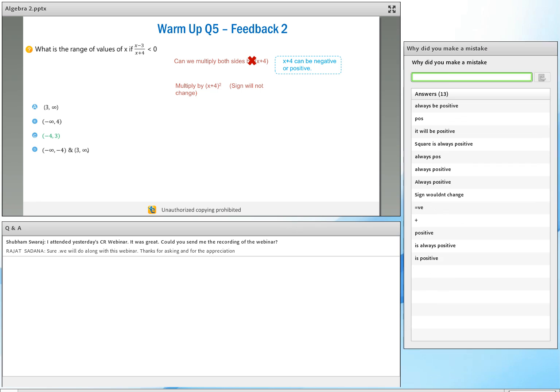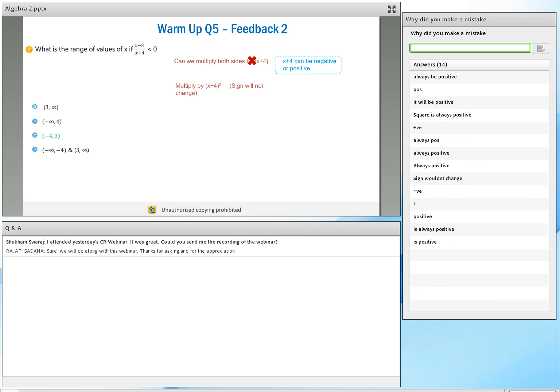In the GMAT world, imaginary numbers do not exist, so a perfect square is always positive. So we multiply by x plus 4 whole square, and we reduce this inequality to x plus 4 multiplied by x minus 3 to be less than 0. Once you do that, it's very similar to the prior question, and the expression is negative between minus 4 and 3.